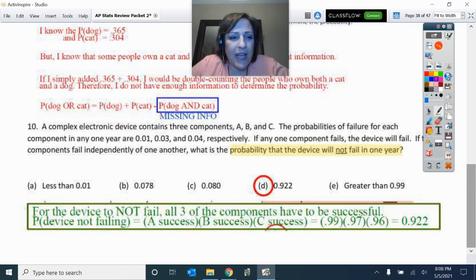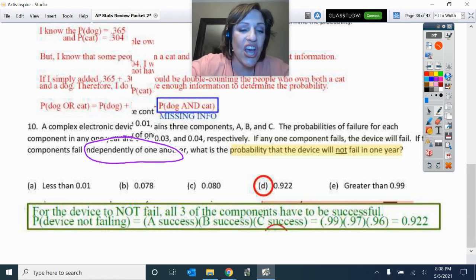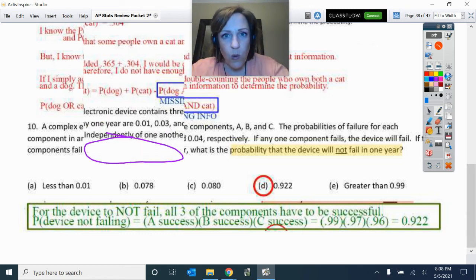All right, and the final one. So here we have for A, B, and C, respectively, the probability of the failure for those components. So the question is, if any one component fails, then the device will fail. So if they are independent of each other, so one happening is not changing the probability, I could just multiply those together to get the total, okay? What's the probability the device will not fail? So here I wrote this out.